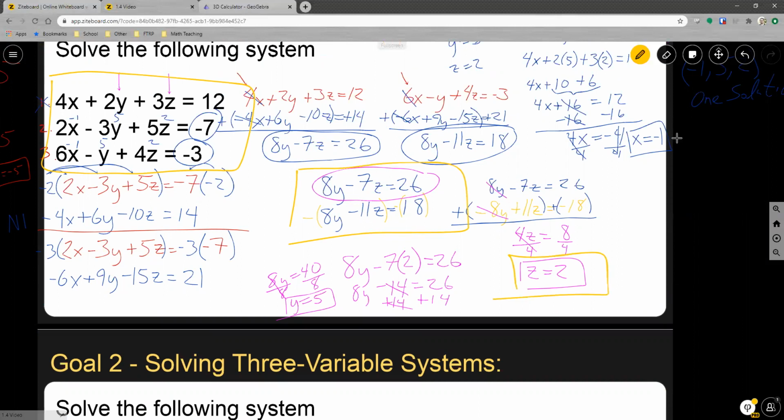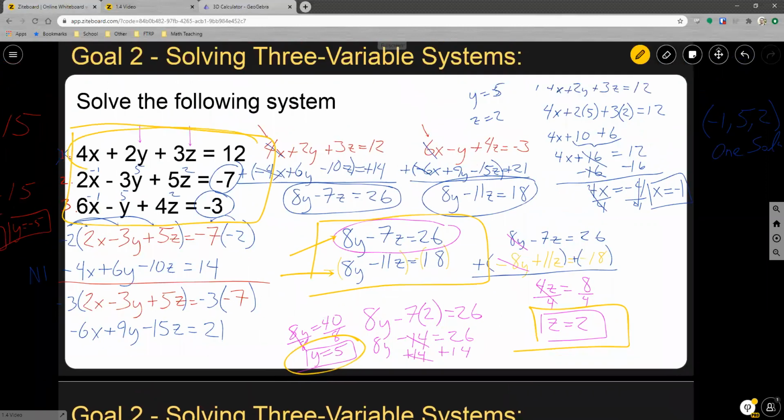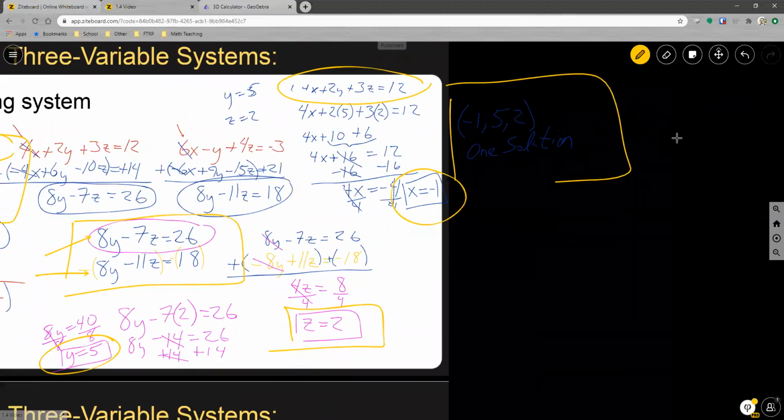Once I had z, I plugged that z value back into one of these 2 equations right here. I did it on the first one. I do this work and I find my y value. Once I have my y and z value, I plugged y and z right back into the original first equation. I did that all over here, and I solved for x. Once I had x, y, and z, I had my solution.